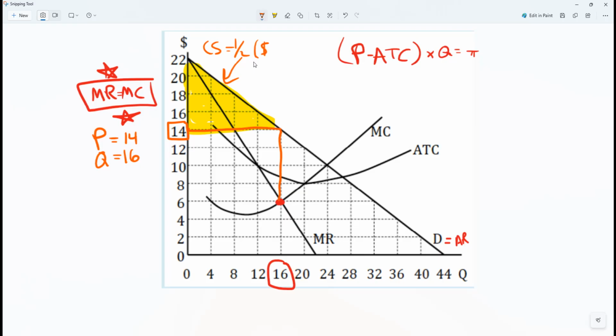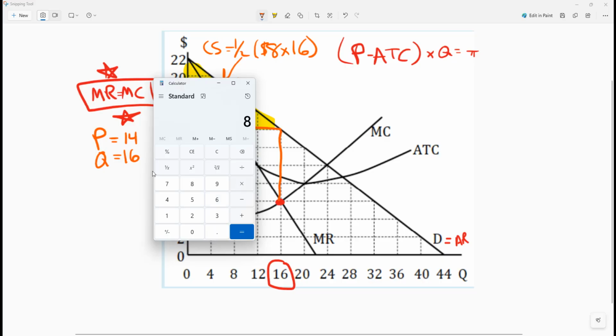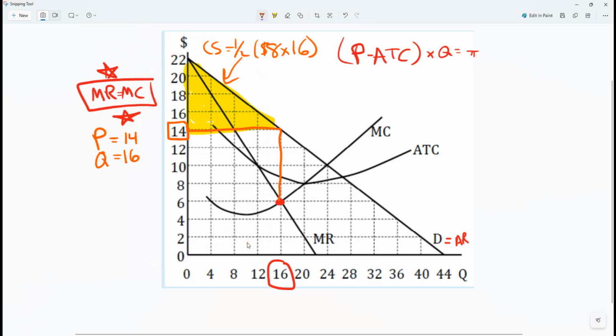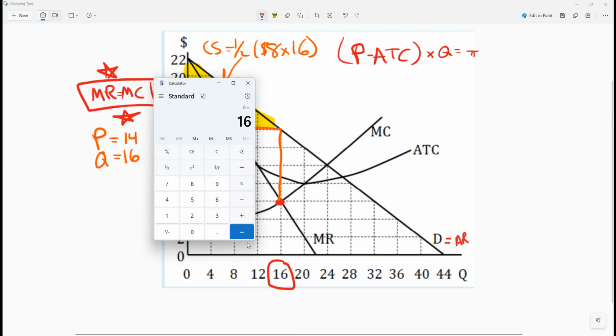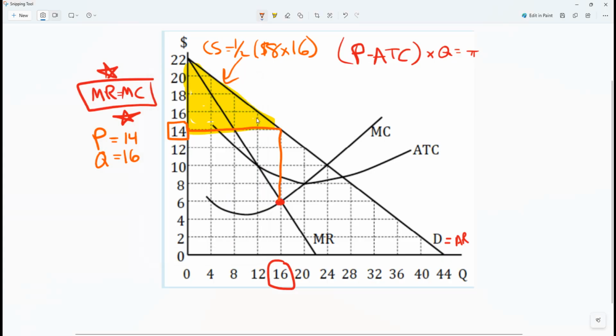That's $8 times 16, because that's 0 to 16. 8 times 16 is 128. And then half of that is going to be 64. So consumer surplus is 64 when they pick a single price.